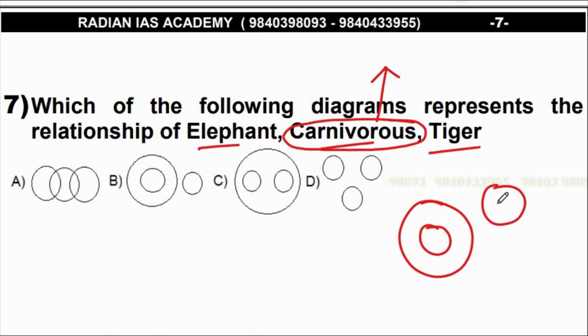Elephant is not a carnivorous, elephant is a herbivorous. So therefore the answer must be B. Understood? So for logical reasoning questions, you must be knowing some general knowledge also, the GK part also, especially the relations, these types of questions.